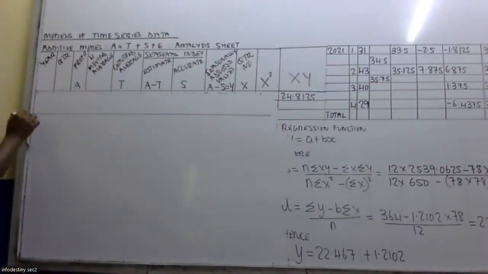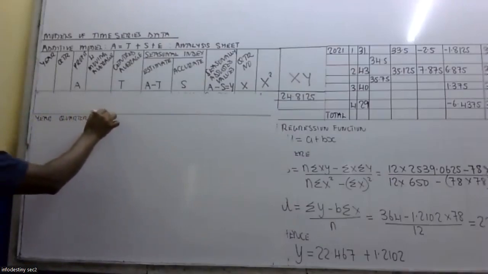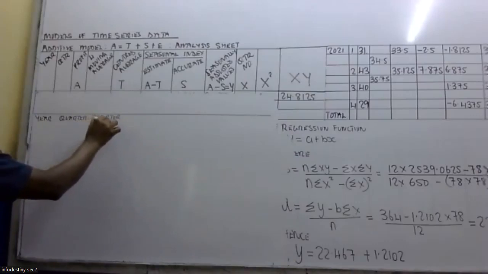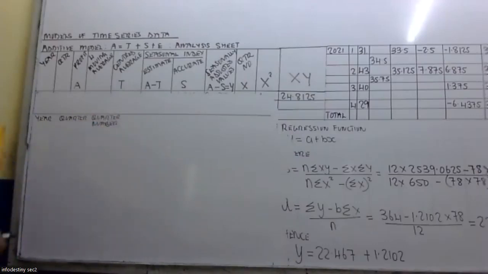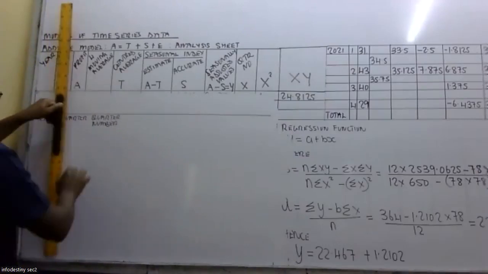Below that, we will have a table where we have the year, the quarter, the quarter number, and then forecast profits.